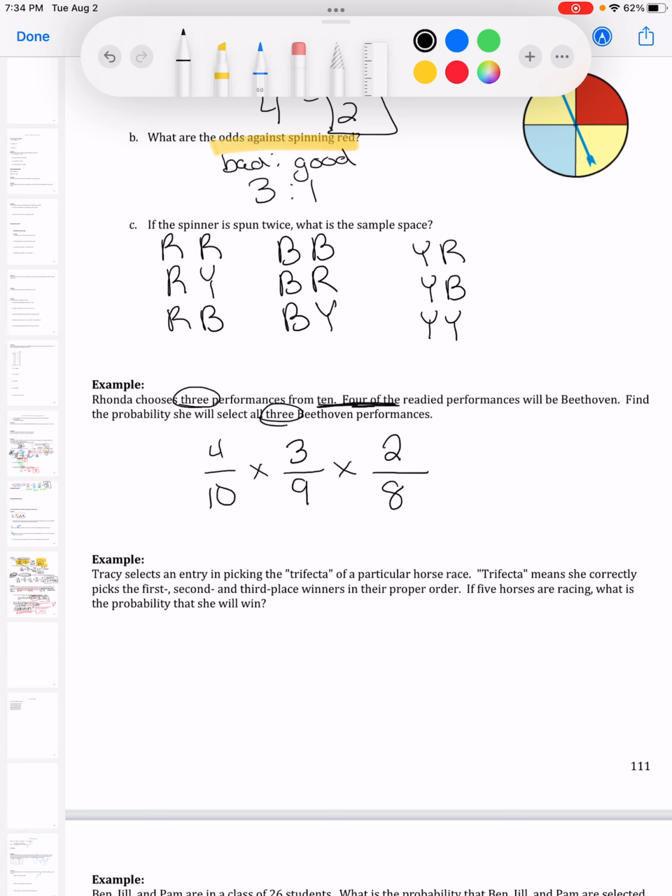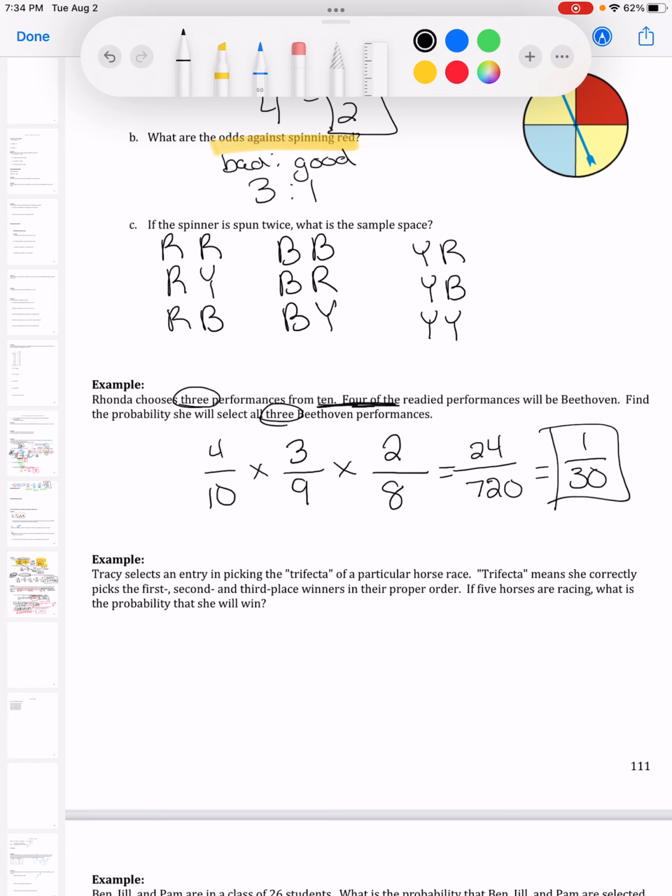I'm choosing 3, but I have to do it 1 at a time, so I literally pick out 1 before I go to the next one. You can type it in all together at once, or you can type in just the numerator and just the denominator. In either case, we want our final answer to get all the way down to the reduced form of 1/30.